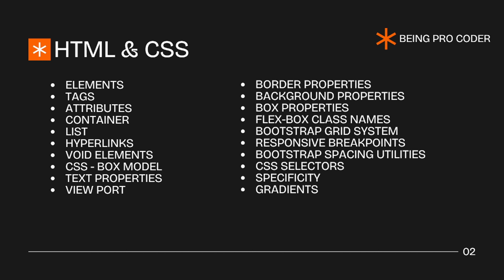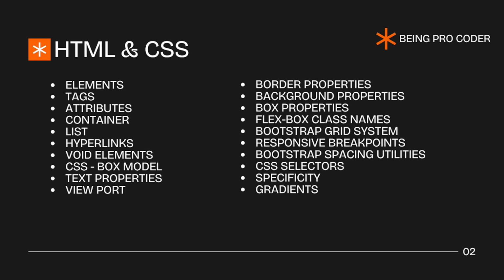And Bootstrap grid systems, we all know that we have a row and column based Bootstrap grid system. Like class equal to row, and the class has a column large, column extra large. These things can be covered inside the Bootstrap grid system.